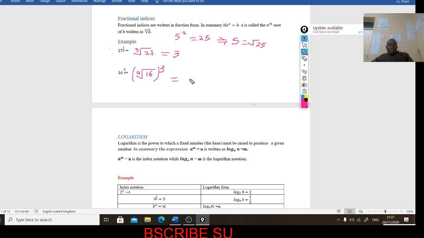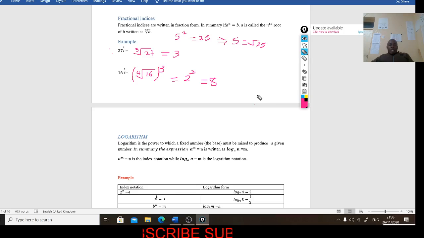The fourth root of 16 is 2, that is 2 times 2 times 2 times 2, four times, gives you 16. And 2 cubed gives you 8.